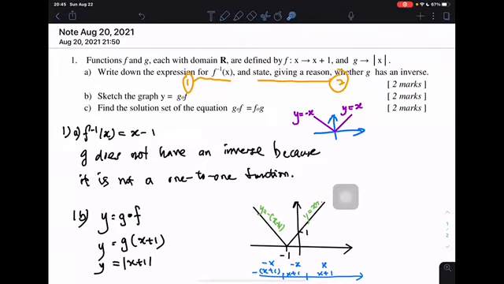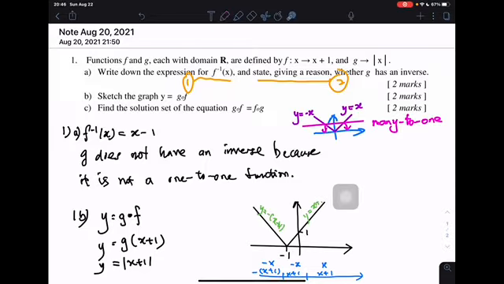When we know what kind of graph it is, we know how a modulus graph looks like, and we can use a horizontal line test. We can find a horizontal line such that 2 points are touched, meaning we are having a many to one relation.